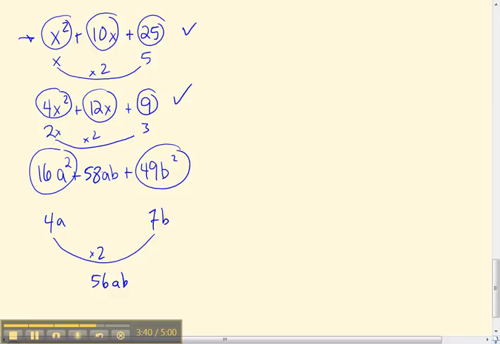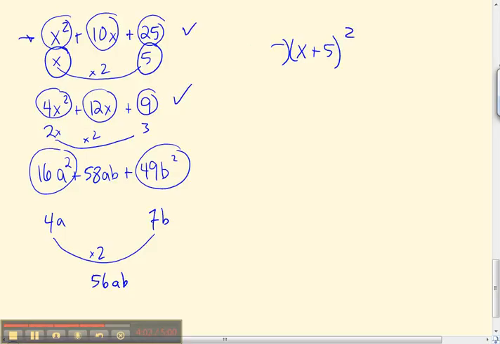So it's a bit more difficult to recognize these, but once you do, then factoring them is just as easy as factoring a difference of squares. Because I know, for example, this up here, the square root of x squared is x, the square root of 25 is 5, so I go x plus 5 times x plus 5. Done. Or I can just say x plus 5 squared.